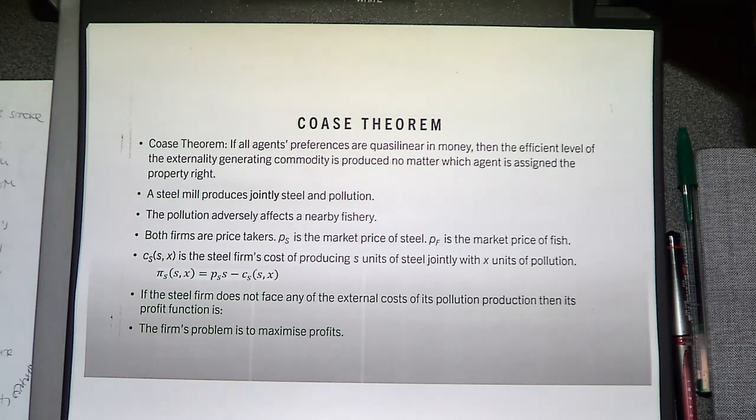Now, that firm, that collateral production, affects another nearby firm. And that will also affect its production, okay? For example, a fishery, because the pollution will affect the water, right?